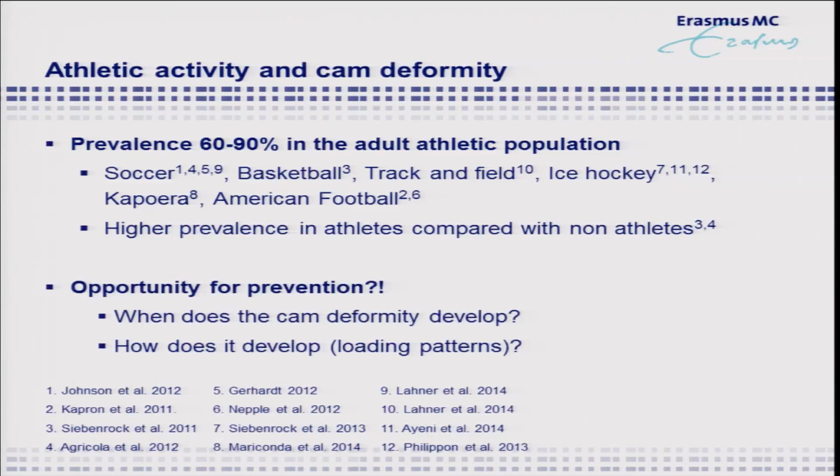So before we can introduce preventive strategies, we have to know better when a cam deformity develops, how it develops, if there are certain loading patterns that trigger the deformity, is there a certain amount of intensity of soccer practice that triggers the development.